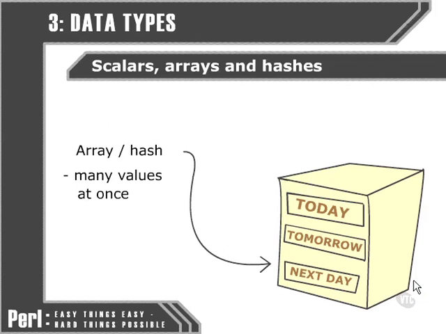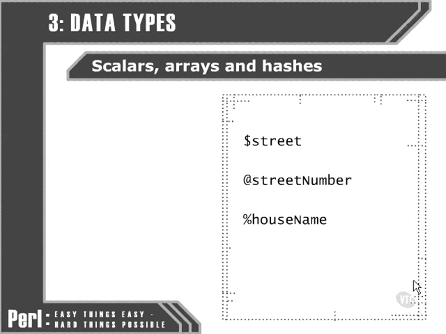The difference between an array and a hash can be summed up like this. Here are three Perl variables. Now the first one is a scalar, and that's the street. And the street simply contains a string, which is the name of the street.